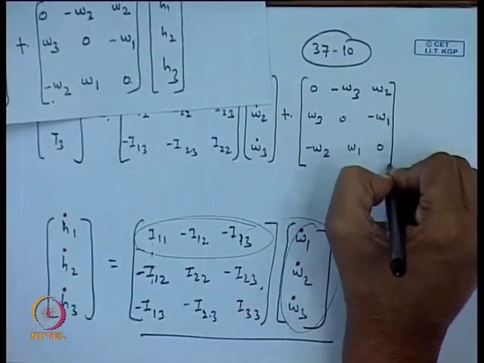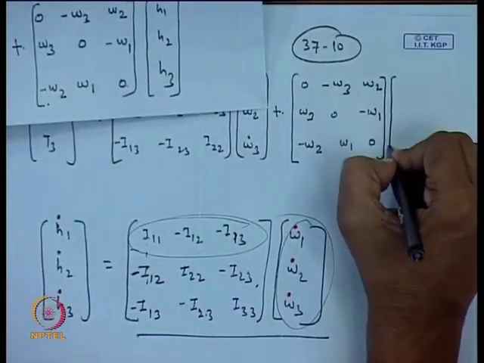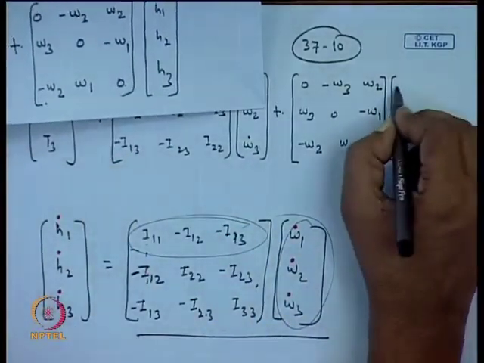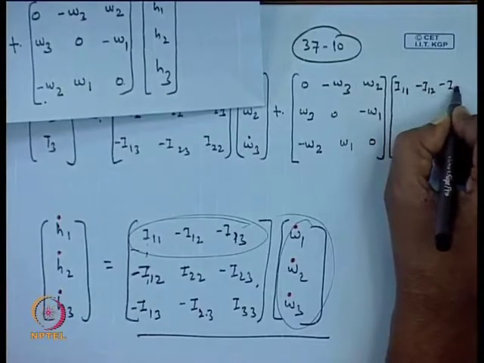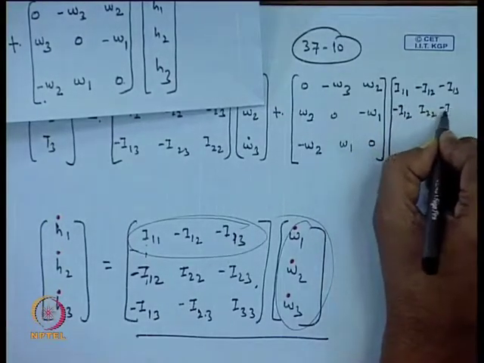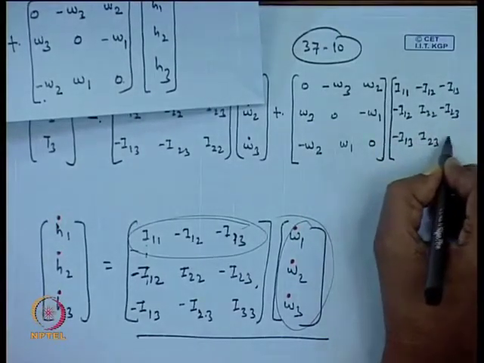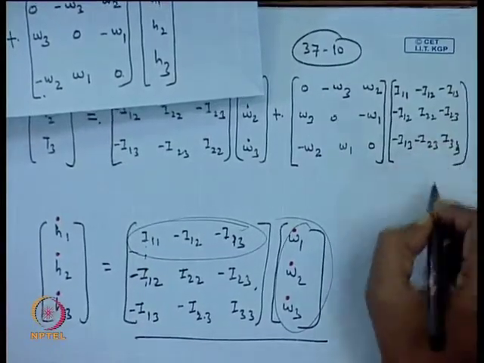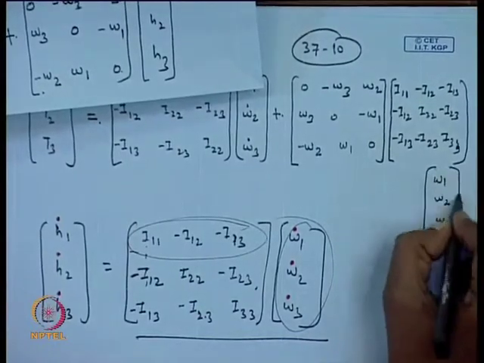You can see this is an antisymmetric matrix, and then H1, H2, H3 we can similarly write here. H1 will be I11, minus I12, minus I13, minus I12, I22, minus I23, minus I23 and I33, and these to be multiplied by omega1, omega2 and omega3.